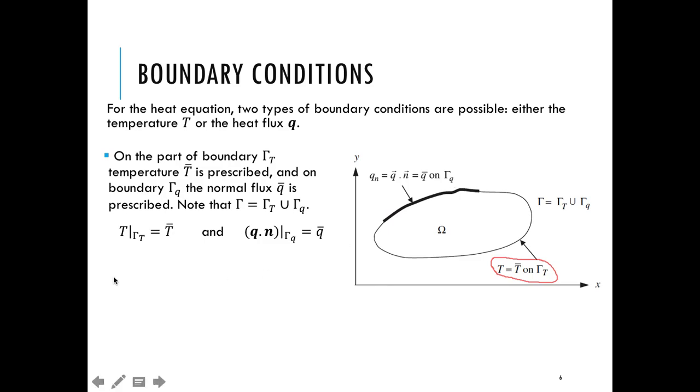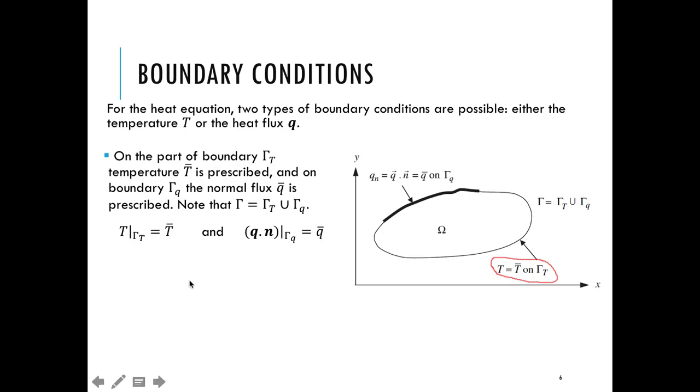These can be written out exactly in this way: T is known at gamma T, and the known boundary condition is represented with a bar, and the flux is known at gamma Q, such that flux coming out is referred to as Q dot N, which we prescribe. So that is known to us and is given as Q bar.